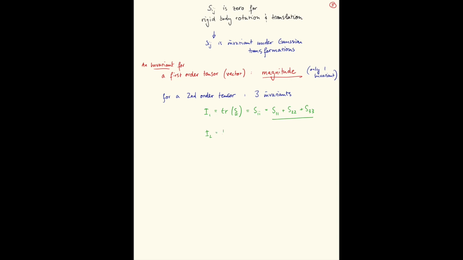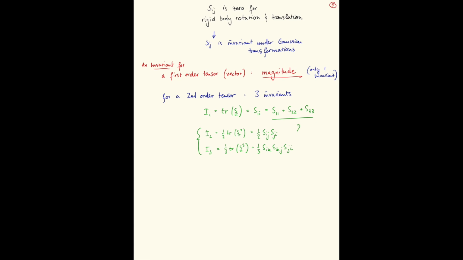One is a half the trace of S squared, which is a half Sij Sji, and the third one is a third of the trace of S cubed, which is a third Sik Skj Sji.